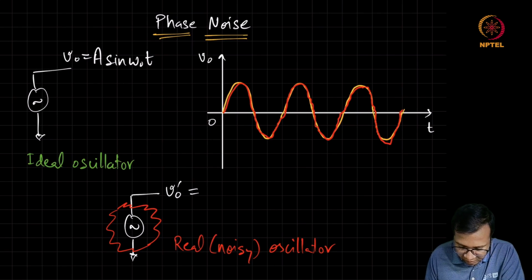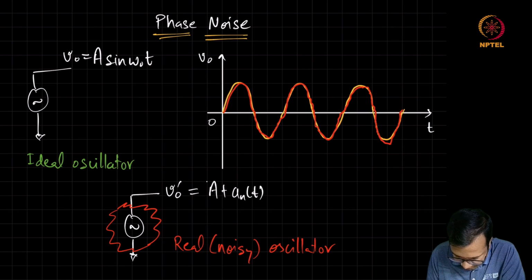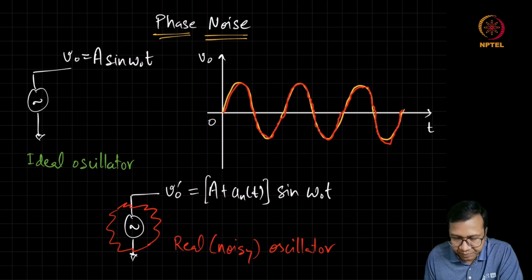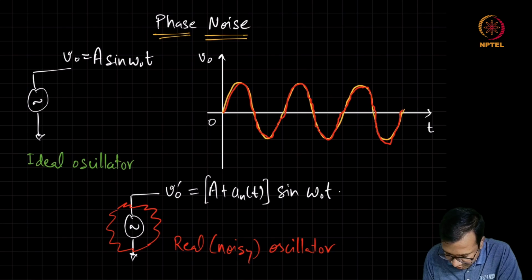So this change in periodicity can be captured by adding some noise in the phase term. So we can write this noisy output as A plus some noisy component, and this phase, which was completely linear with respect to time, now has got some noise as well.